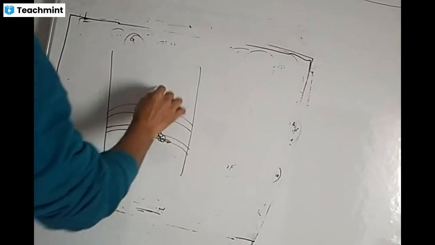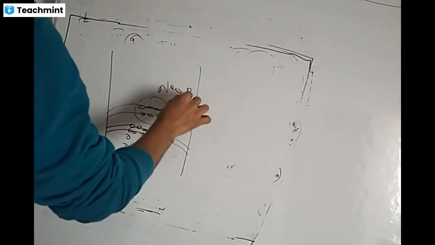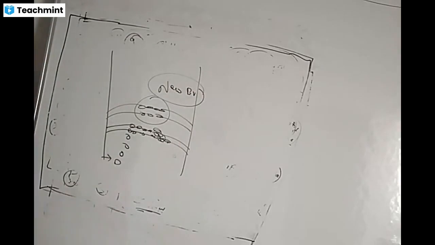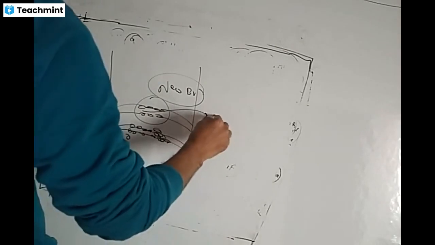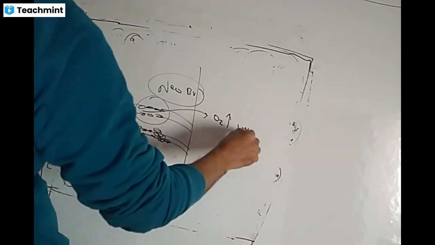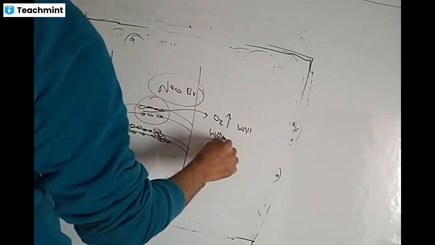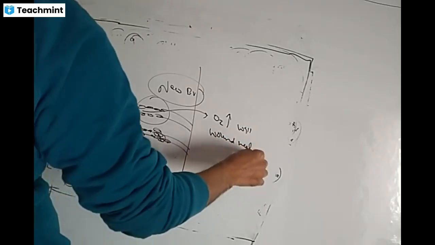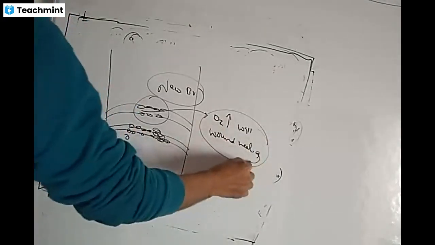So this is the formation of new blood vessels, angiogenesis. New capillaries are synthesized. Because of this, more oxygen will come to the site of wound healing because of angiogenesis.